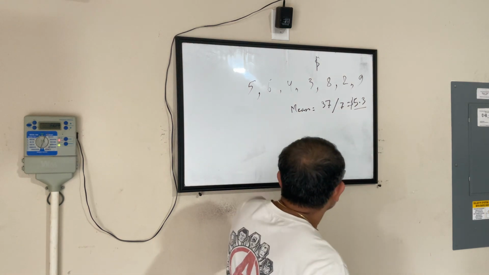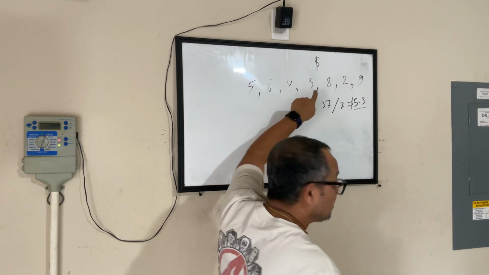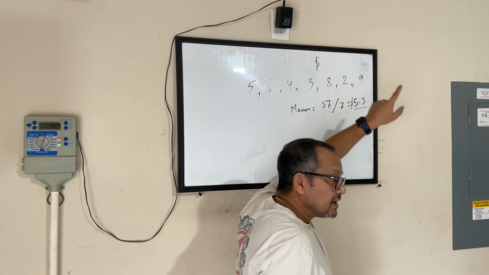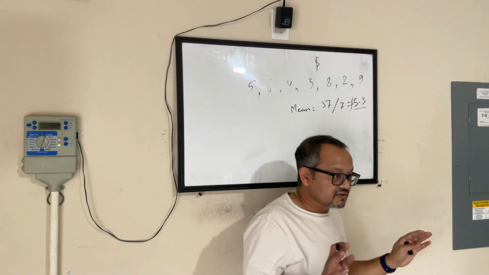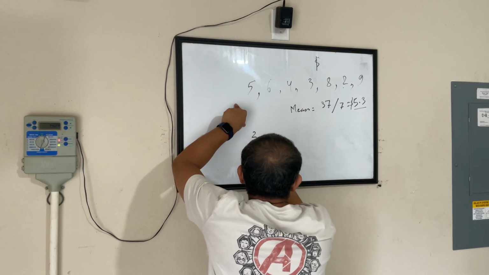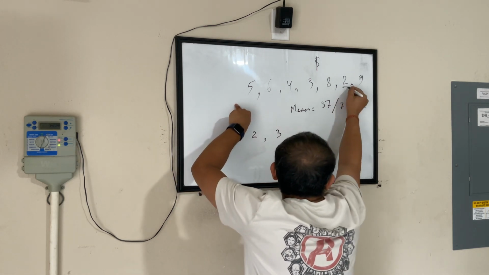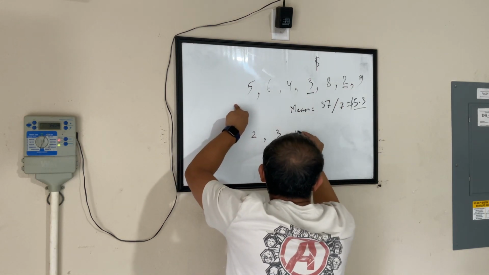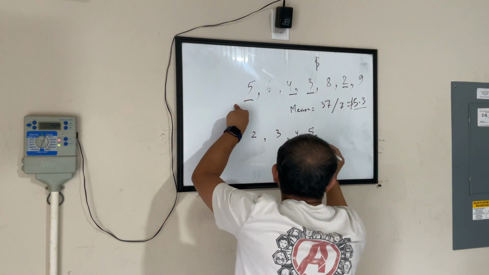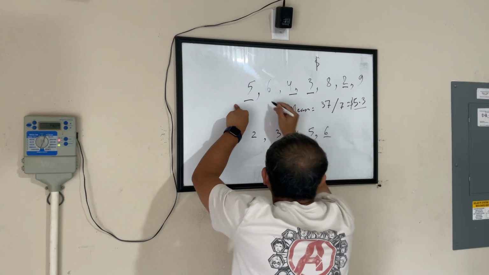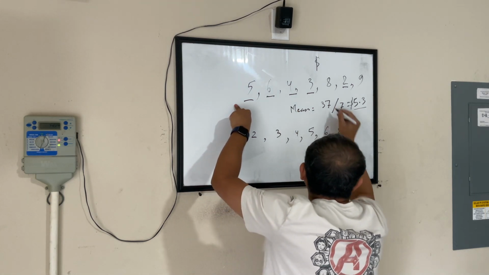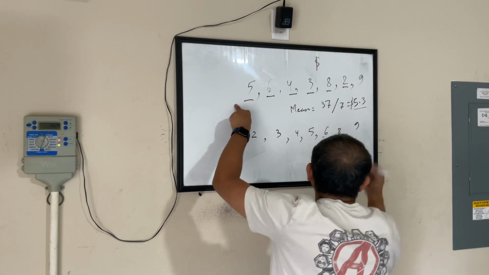Now, what is the median? For the median, what you have to do is arrange them in increasing or decreasing order, like what Prisha was saying. So let's put that in increasing order. 2, 3, 4, 5, 6, 8, and then 9.